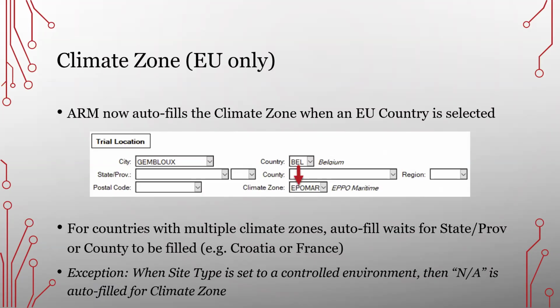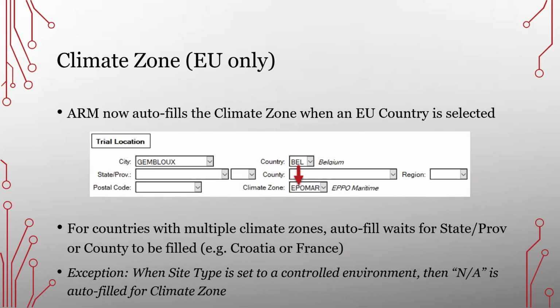Of course, the devil's in the details. Some countries, it's not that simple. Depending on where you are within that country, you might have a slightly different climate zone. So for those, I think Croatia and France were the two identified as such. So then ARM won't autofill, at least until you put in your state or your province or your county.